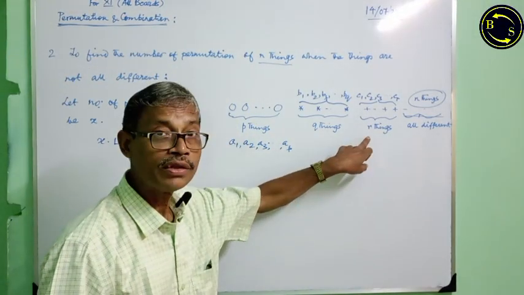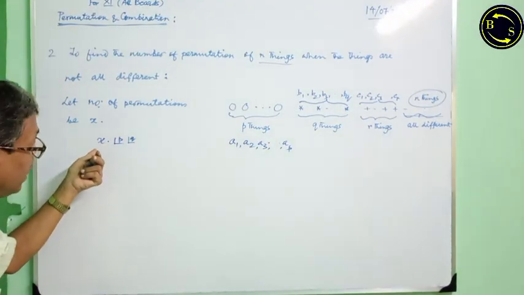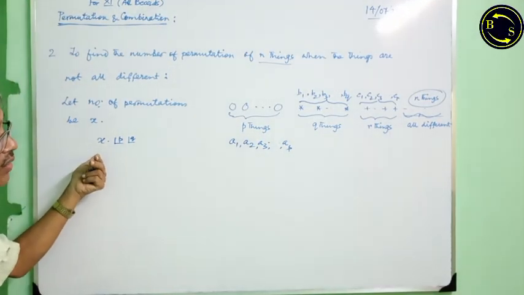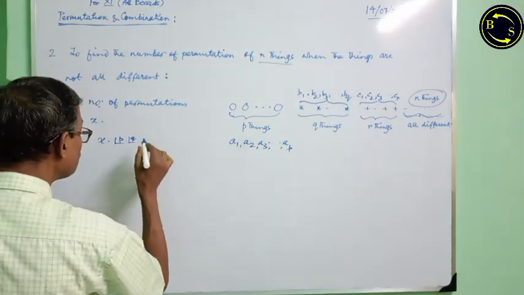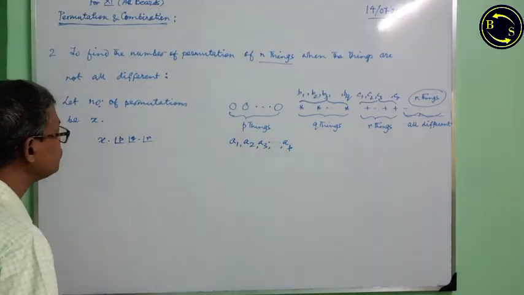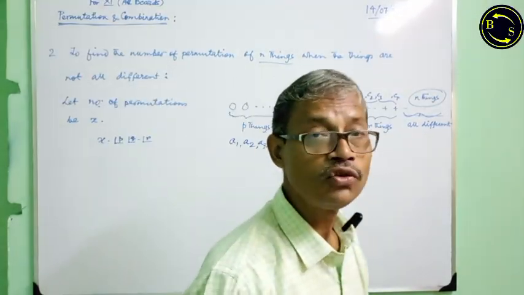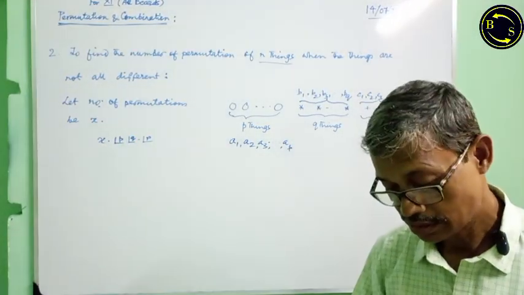Then for one thing, number of arrangements is this one. Therefore, for r things, total number of permutations will be in that case x into factorial p into factorial q into factorial r.